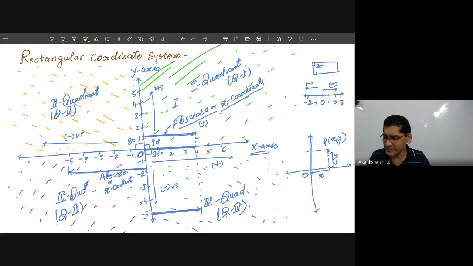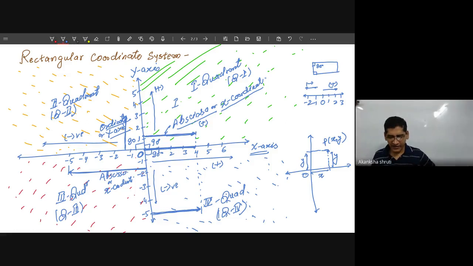Okay. This we even did in our chapter number 2. Here we are calling the x coordinate the abscissa and the y coordinate the ordinate. So any distance along the y-axis is called the ordinate, or y coordinate.